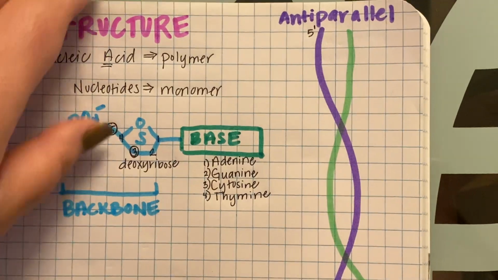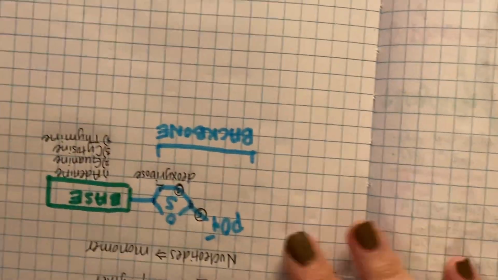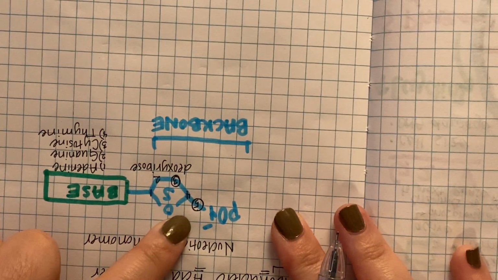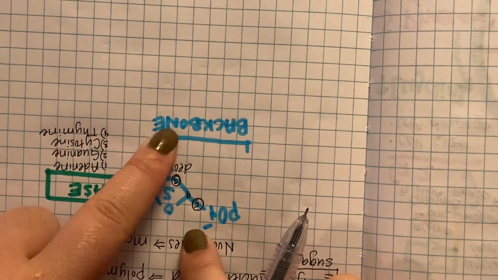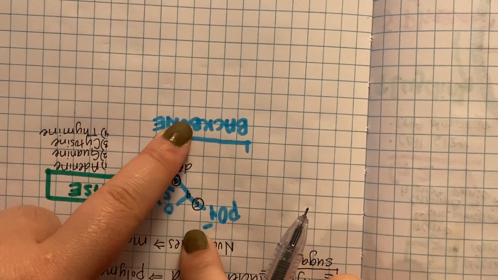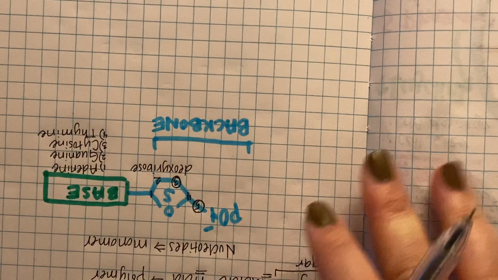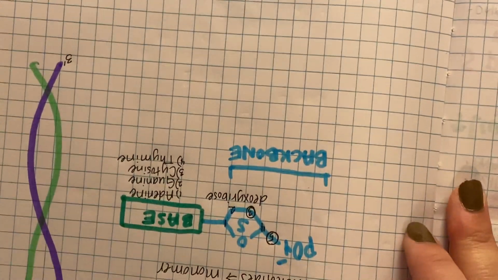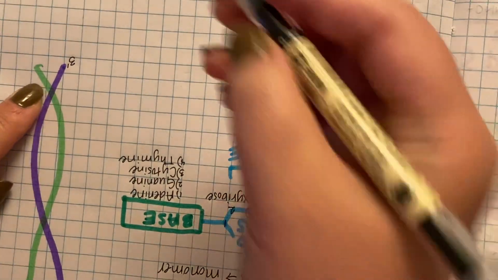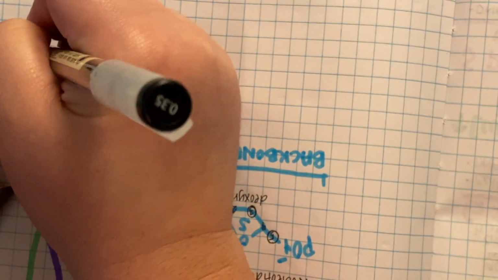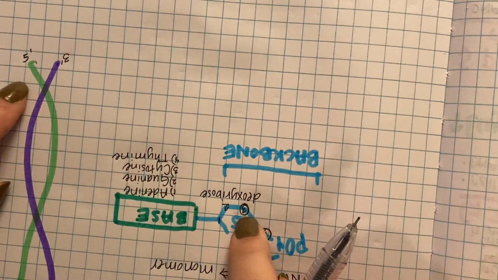If I take this nucleotide and I flip it, like so, you can see that now my 3' carbon is more towards the top, and my 5' carbon is more towards the bottom. So it just gives us orientation. So if I was trying to figure out directionality for my green strand, my 5' carbon is more towards this side.